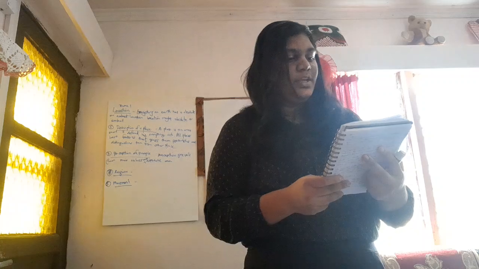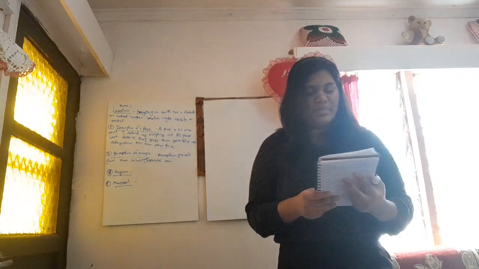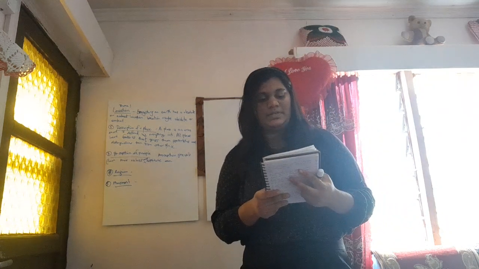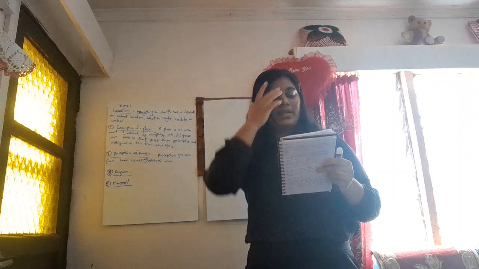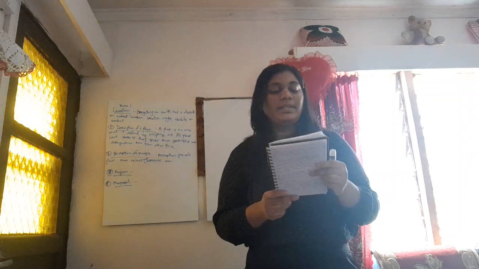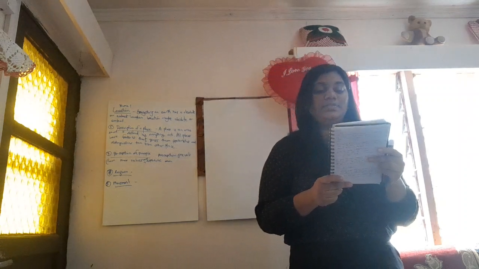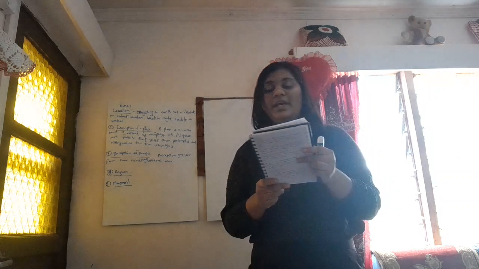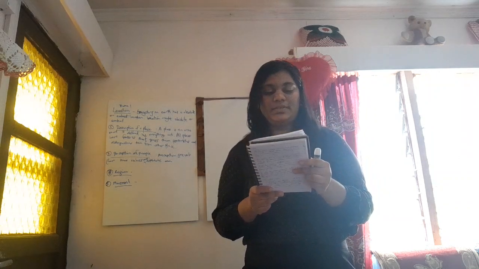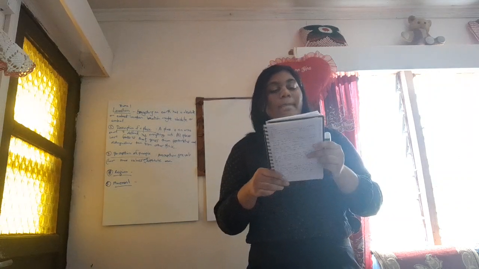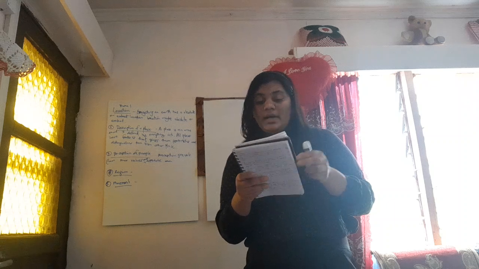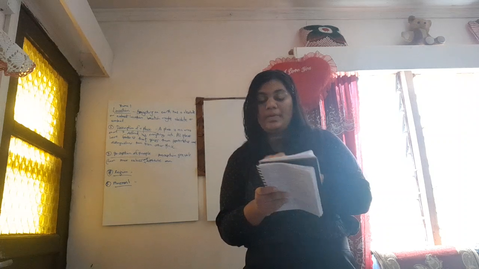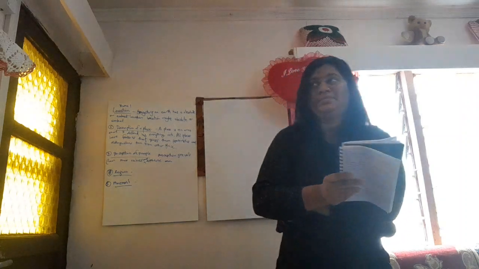Moving on, human environment interaction. Look at the relationship between people and their environment. It deals with how people adapt to their environment and how they change it. Now, look at how people adapt to their environment.